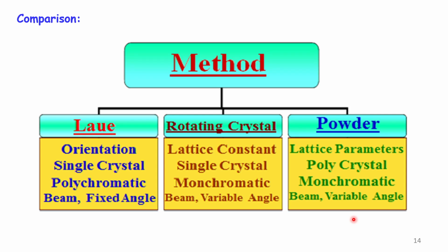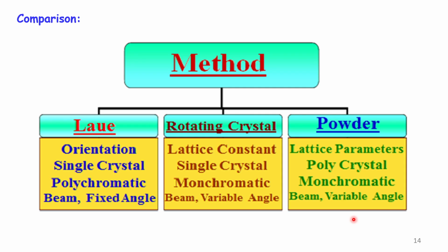In the case of the powder method, we can determine the lattice parameters, which are along the three edges of any crystalline unit cell. The Laue method and the rotating crystal method are useful only for single crystal material, but the powder method is useful for polycrystalline material.